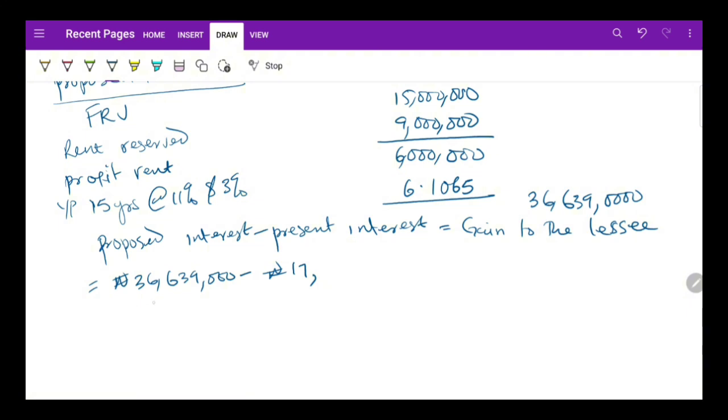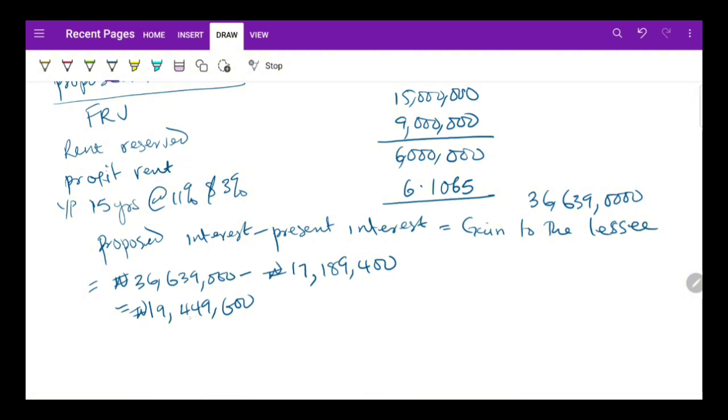I think I said 36,000, I meant 36 million. 36,639,000 minus 17,189,400, which will give us 19,449,600 naira. So this is the gain to the lessee if this transaction sails through.